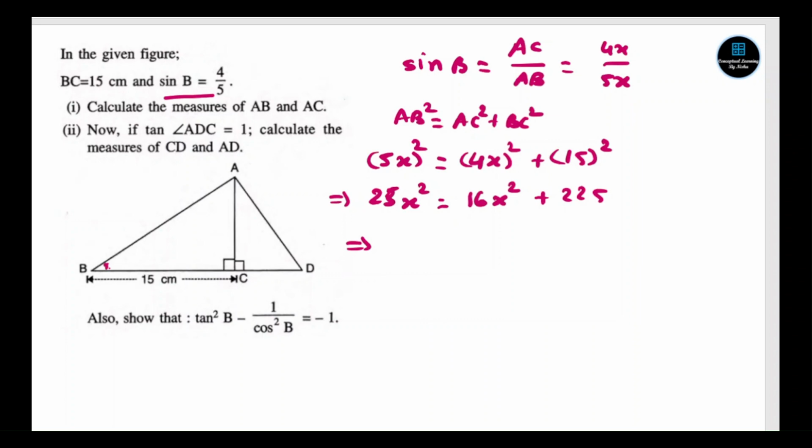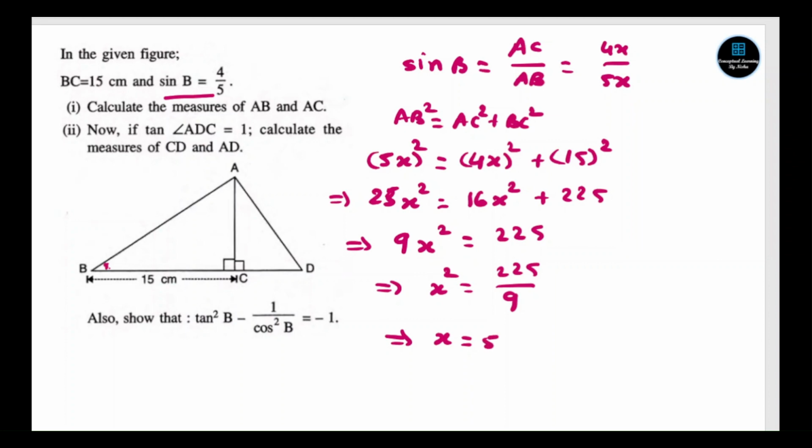On simplifying this, we get 9x square equals 225. So x square is 225 over 9. If I simplify this, I'll get x value is 5.